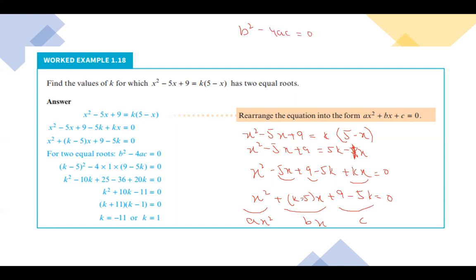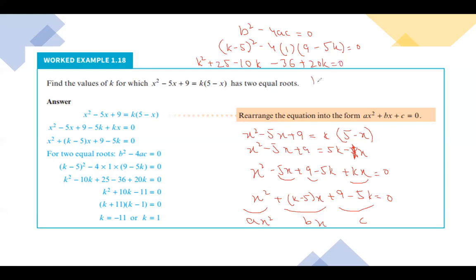The value of b is k minus 5, so it must be k minus 5 whole square minus 4, where a is 1 and c is 9 minus 5k. After expanding, it must be k square plus 25 minus 10k minus 36 plus 20k equals 0.